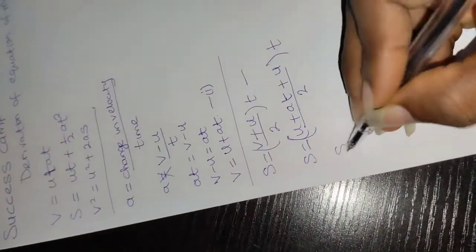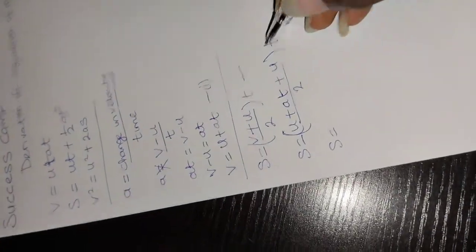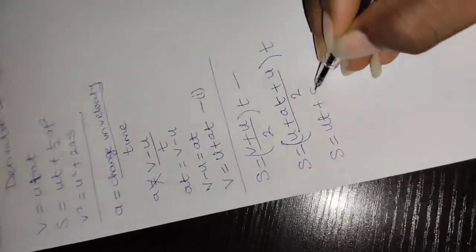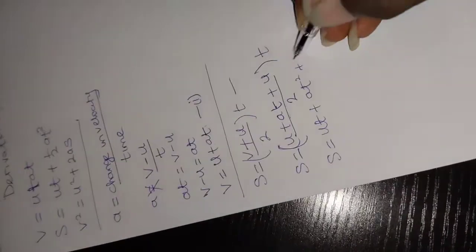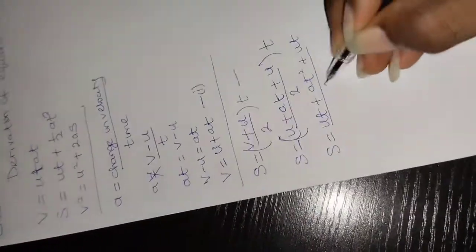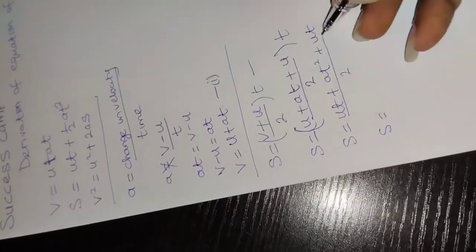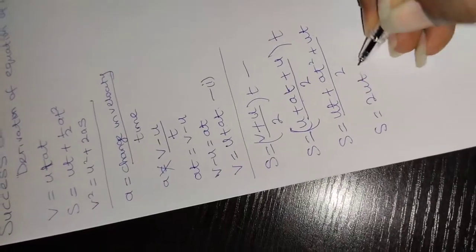So from here I have s equals, this t here multiplies everything inside the bracket apart from the 2: ut plus at squared plus ut, over 2. And that becomes ut plus ut, which is 2ut, plus at squared, over 2.